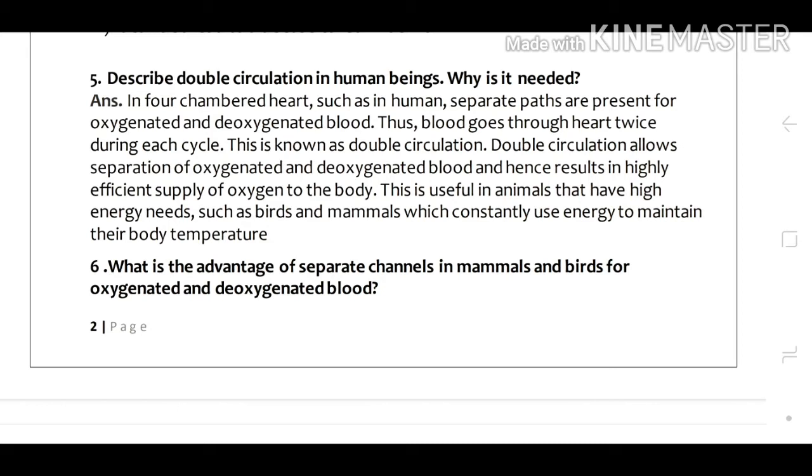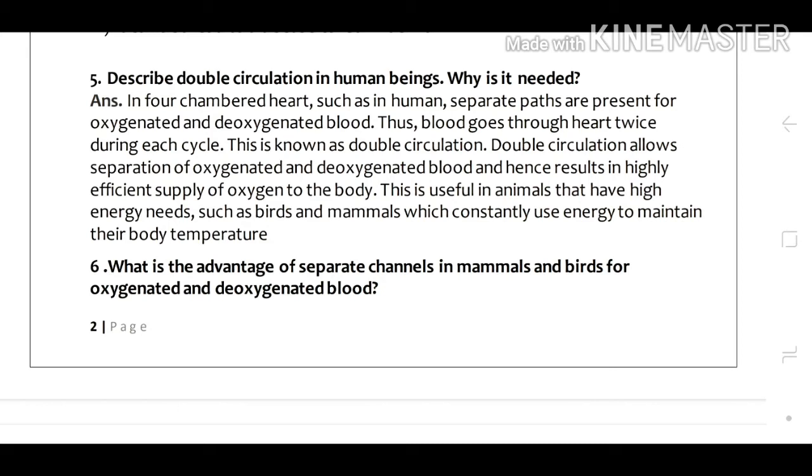Double circulation allows separation of oxygenated and deoxygenated blood, and hence results in highly efficient supply of oxygen to the body. This is useful in animals that have high energy needs, such as birds and mammals, which constantly use energy to maintain their body temperature.